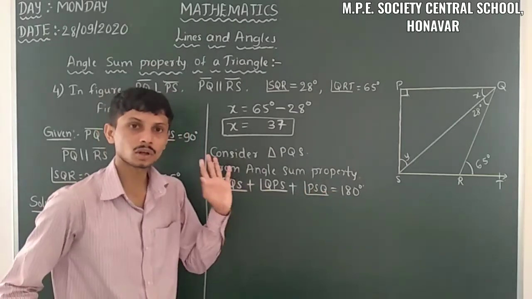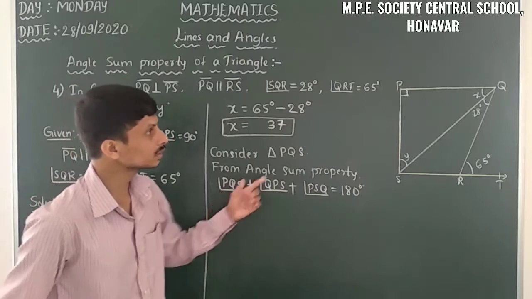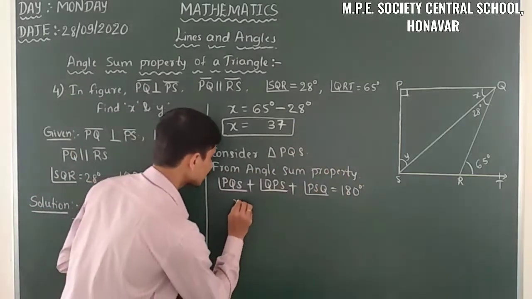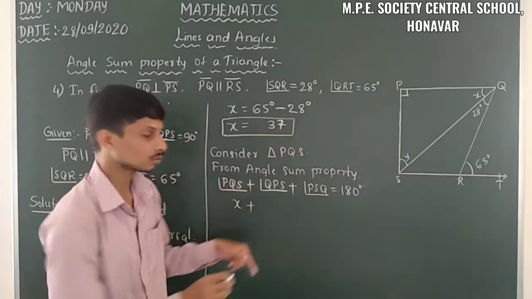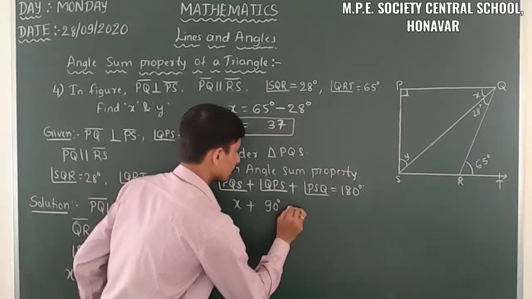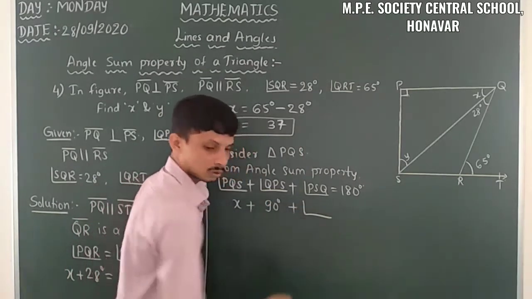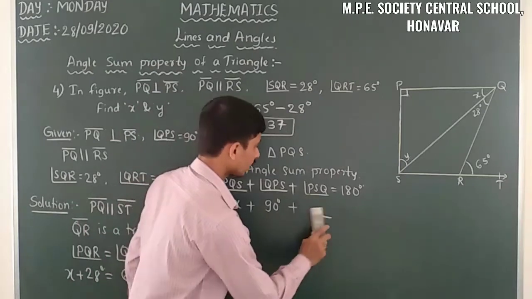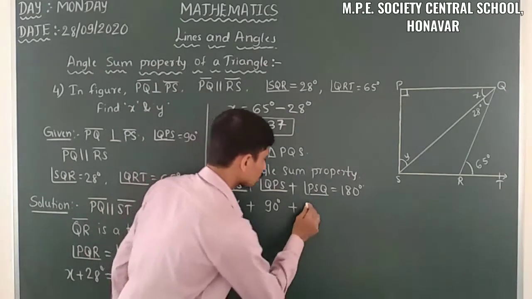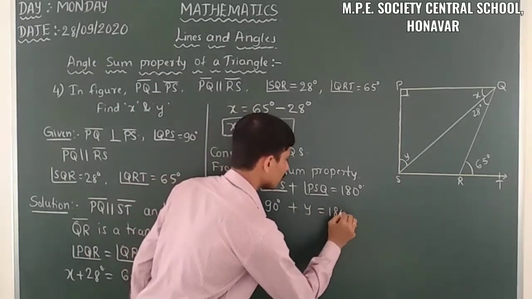Then we have to substitute all the values. Angle PQS is equal to x, plus angle QPS is equal to 90 degrees, plus angle PSQ is equal to y, which equals 180 degrees.